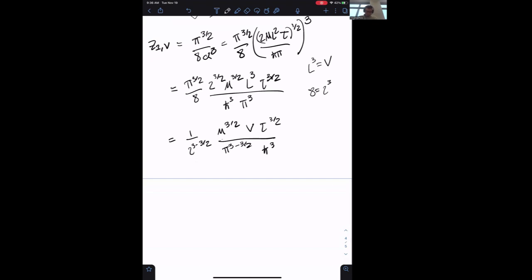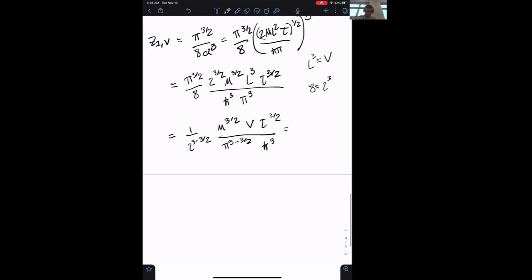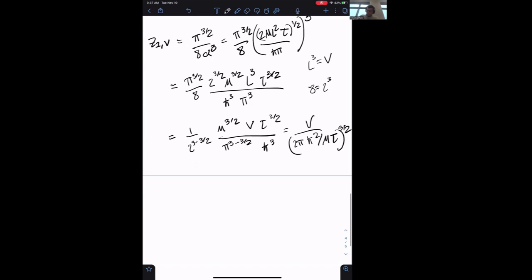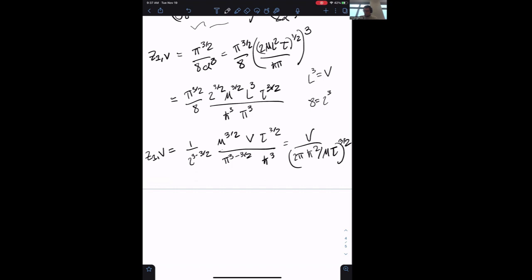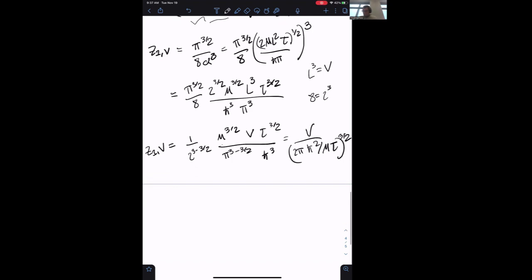So we have a lot of stuff to the 3 halves power, which is kind of weird, but it's okay. So we have volume up top, then we have 2 pi h bar squared divided by m tau, and all this is to the 3 halves power. So there you go. That's the partition function for one particle. It's not a very pretty looking thing, but it's what it is.